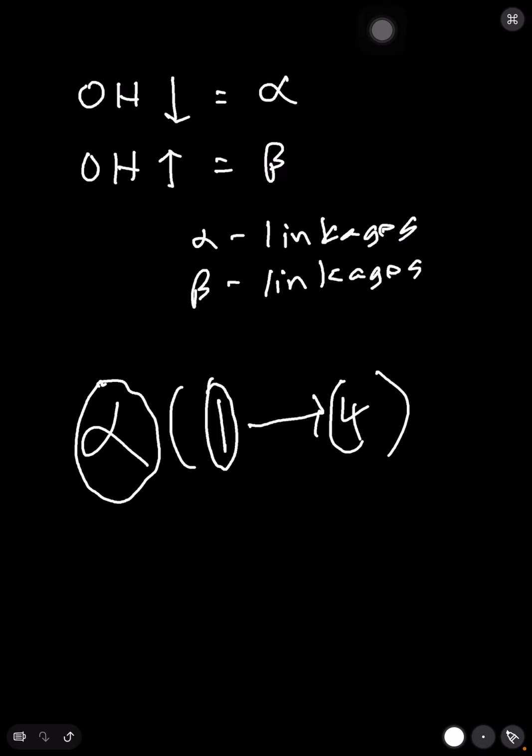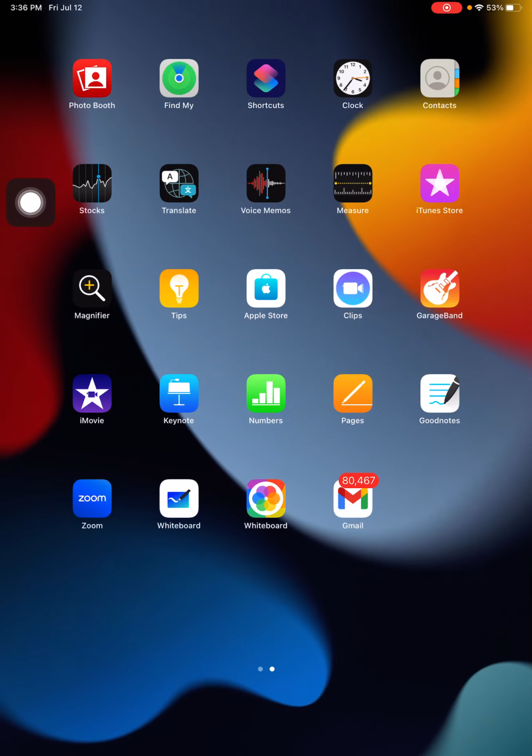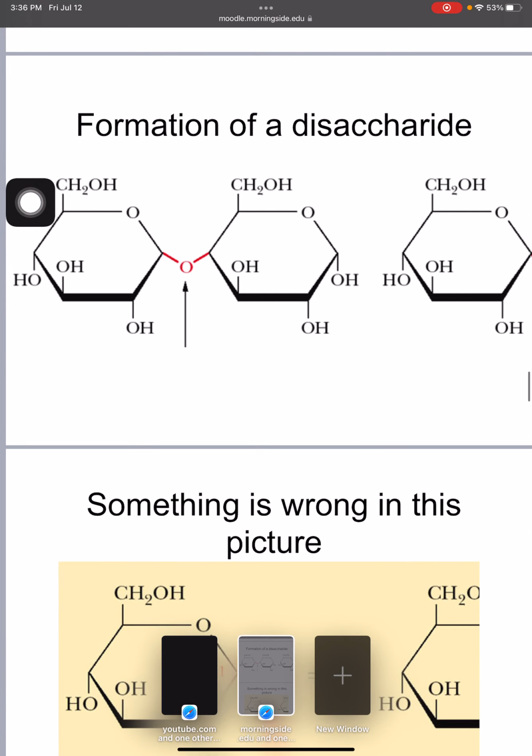And then the 4 tells you it was linked to carbon number 4 on the next ring. So, in total, for this disaccharide, you have an alpha 1,4 linkage, or an alpha 1,4 glycosidic bond.